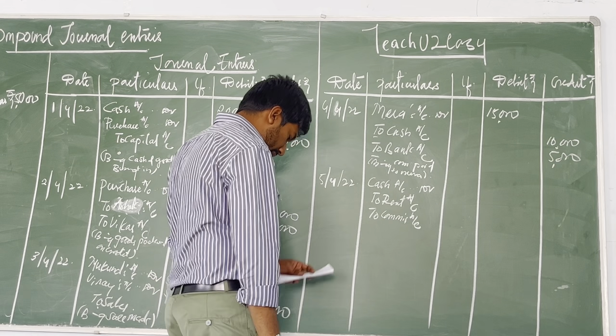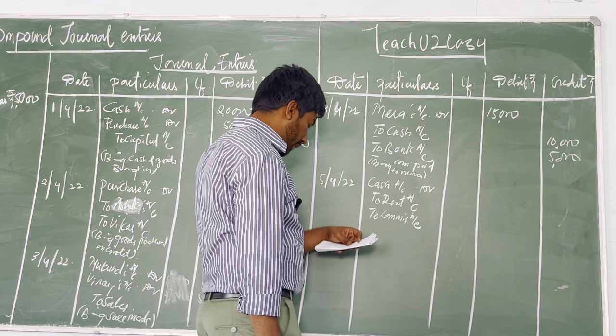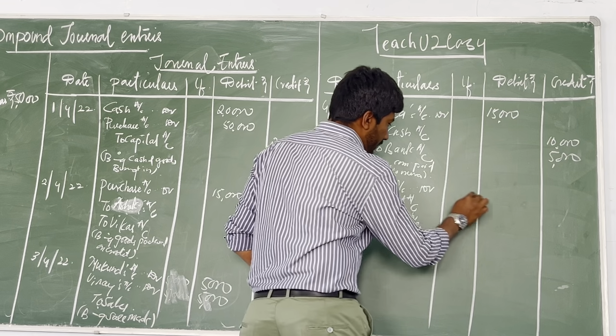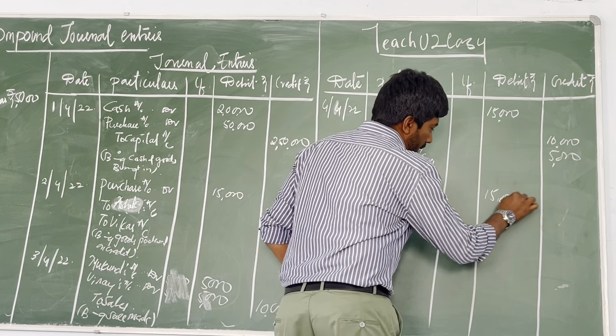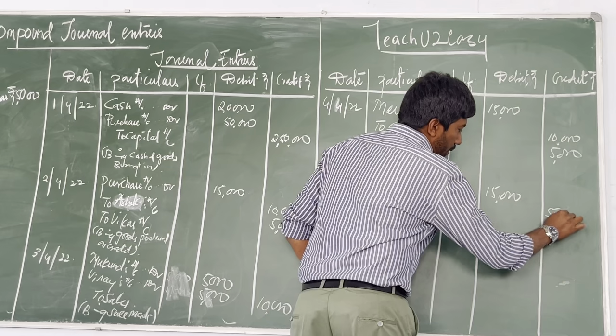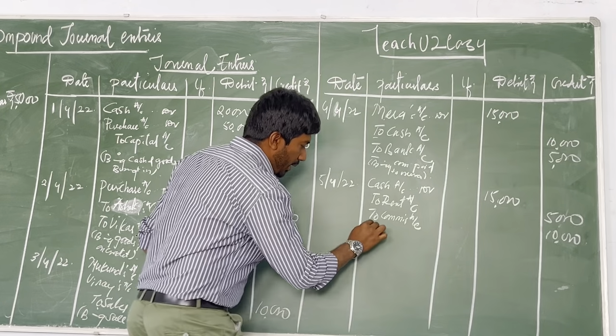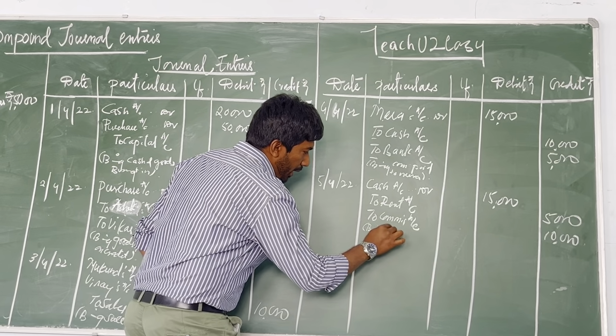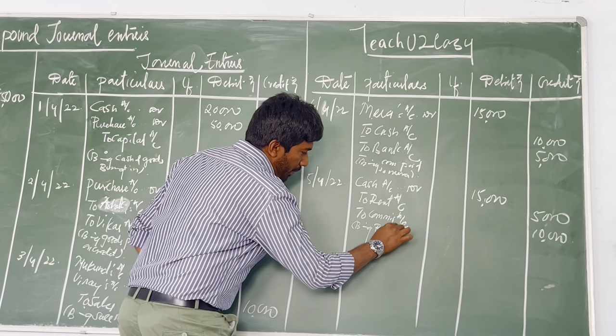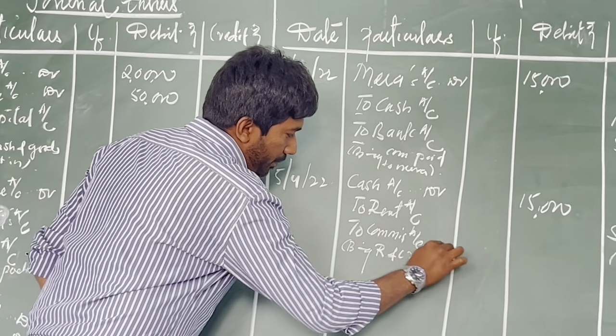So totally we are receiving 15,000 rupees, rent is 5,000 and commission is 10,000. So you can just write a simple narration: being rent and commission received.